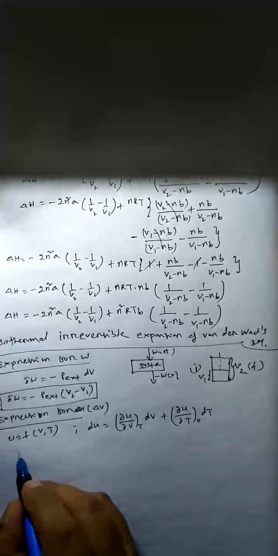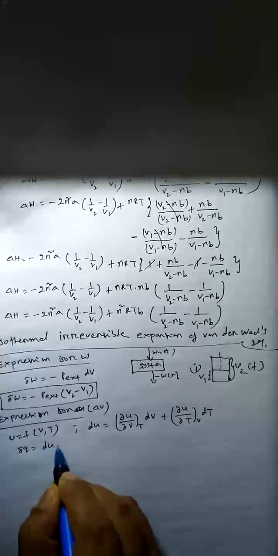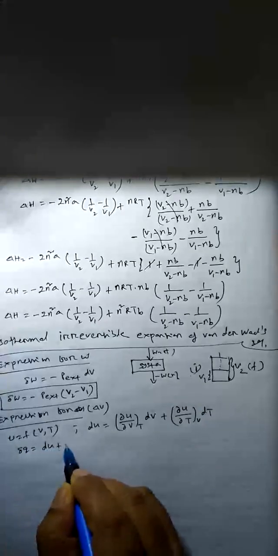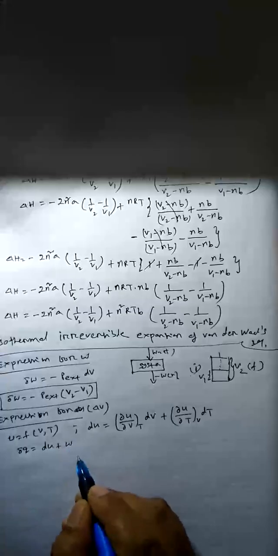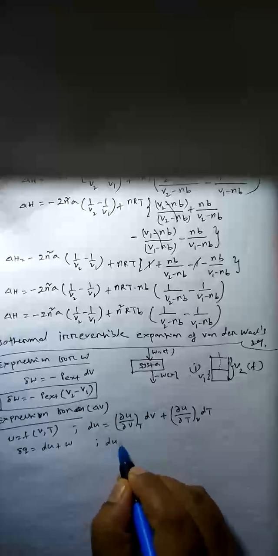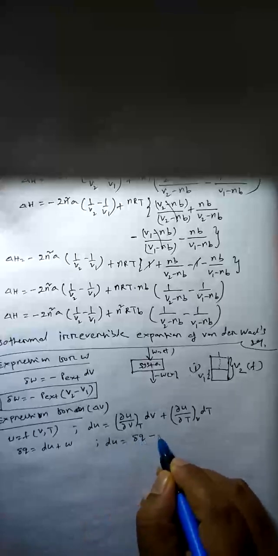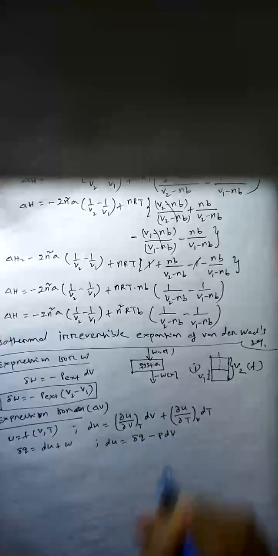Then from the first law of thermodynamics we know that del Q is equal to dU plus W. W means PdV. Or you take dU on one side: del Q minus W, minus W means PdV.